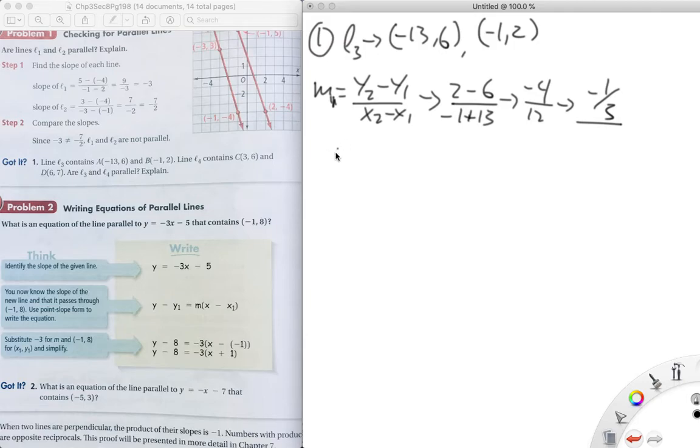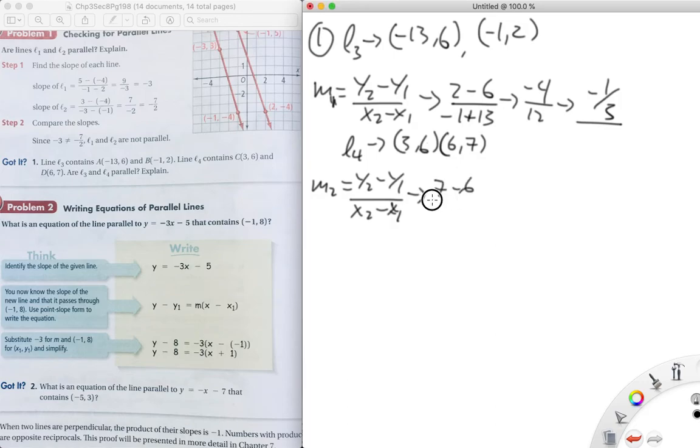Okay, so then we have line 4, and that contains points (3, 6) and (6, 7). Again, for the slope of line 2, y2 minus y1 over x2 minus x1, 2's and 1's, we'll say it's 7 minus 6 over 6 minus 3.